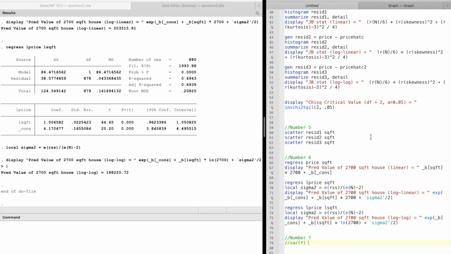So the variance of our forecast is going to be sigma squared plus sigma squared divided by n plus x naught minus x bar squared times variance of b2.